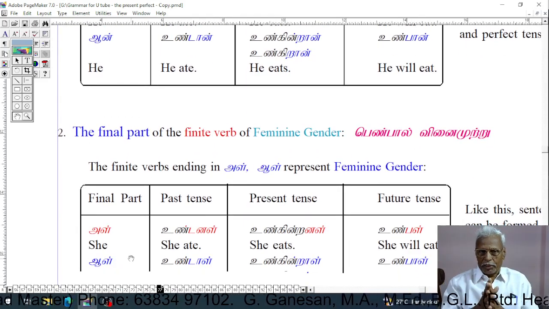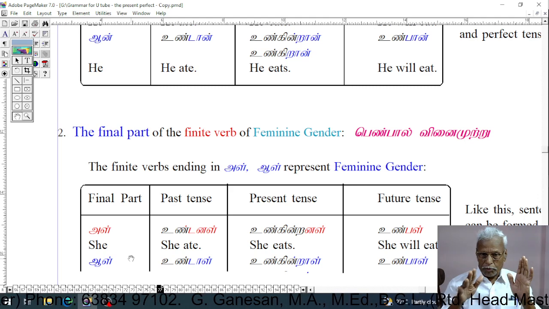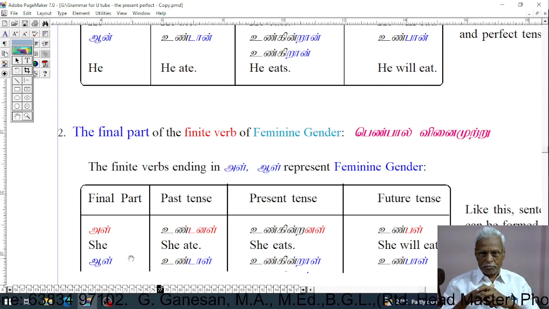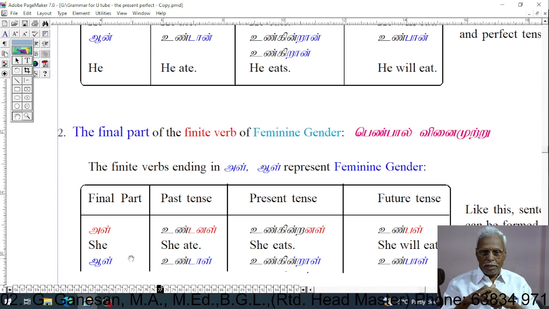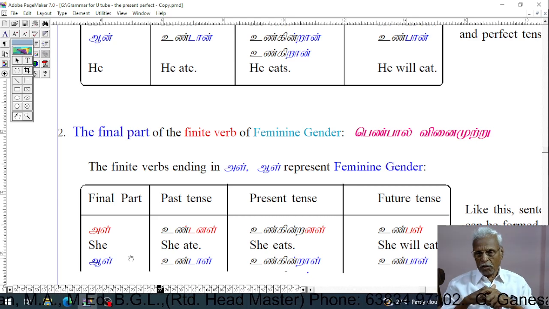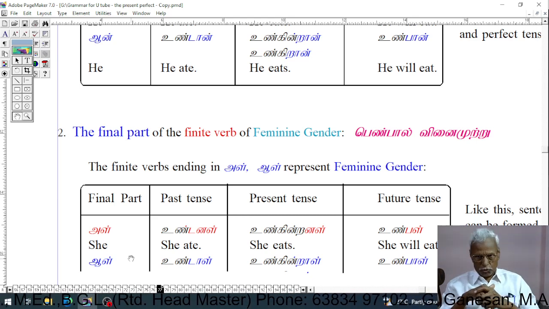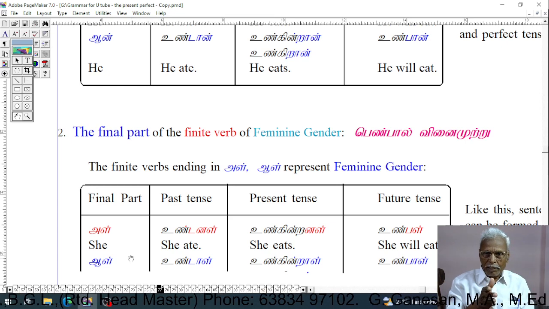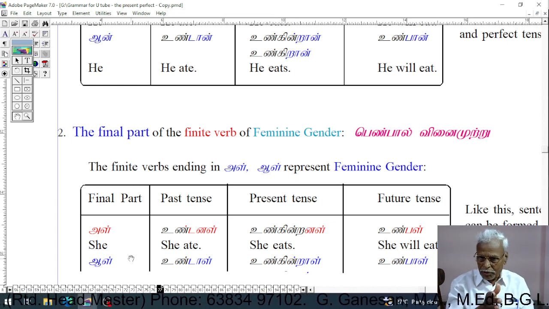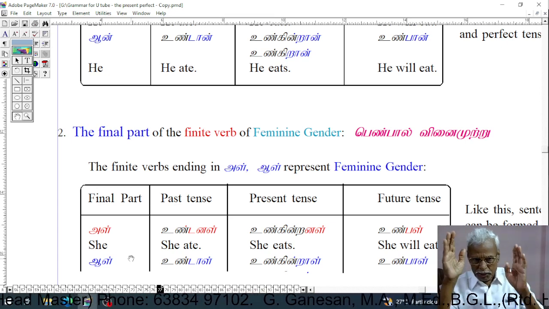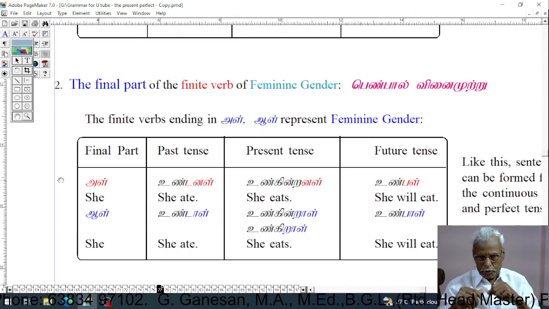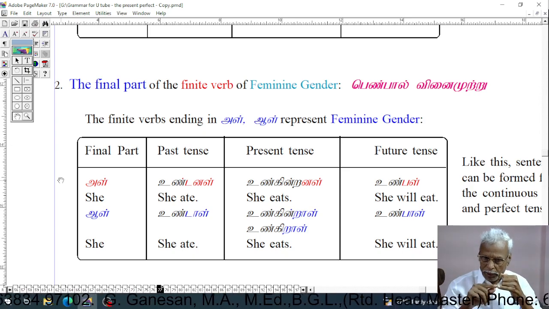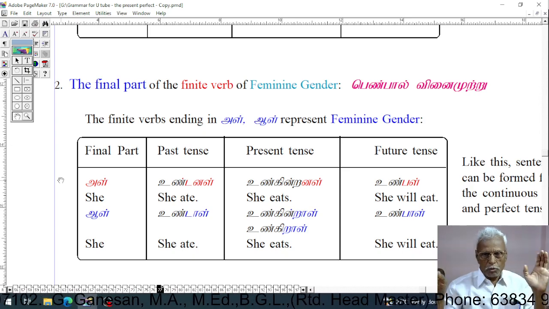Then the final part of the finite verb of the feminine gender is al. The finite verbs ending in al represent feminine gender. Penbal vinaimutru. See, final part al: undanal, ungindanal, unbal.